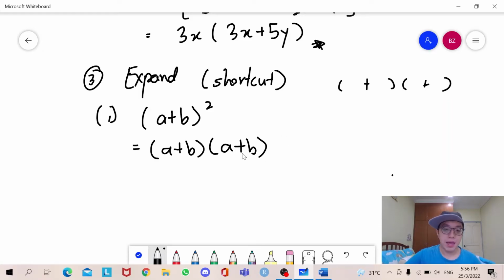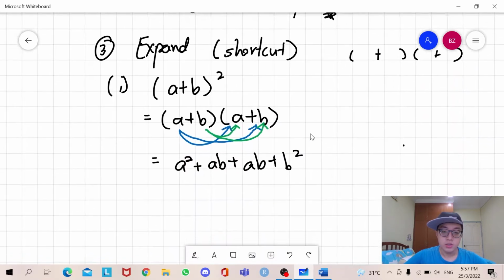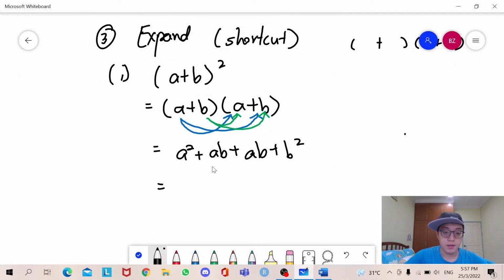If you expand this, you multiply the a with a and with b, and multiply the b with a and with b, which gives you four terms: a squared plus ab plus ab plus b squared. After you simplify, the 2 is common: a squared plus 2ab plus b squared.